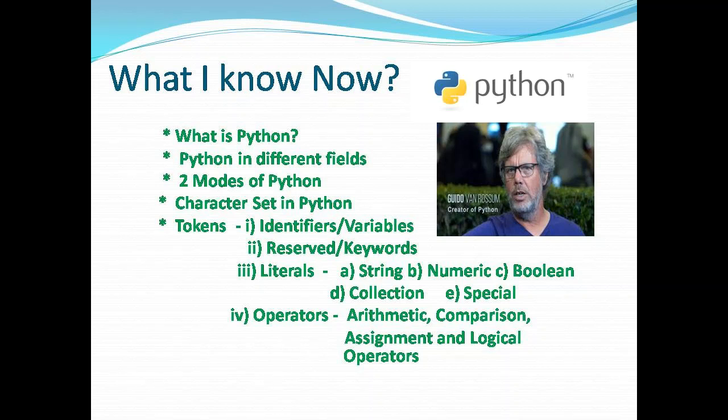Literals are of four types: string or character literal, numeric literals, boolean literal, collection, and special. We discussed everything in detail. Then operators: arithmetic, comparison, assignment, and logical operators. So all these things we covered for the introduction part of Python.